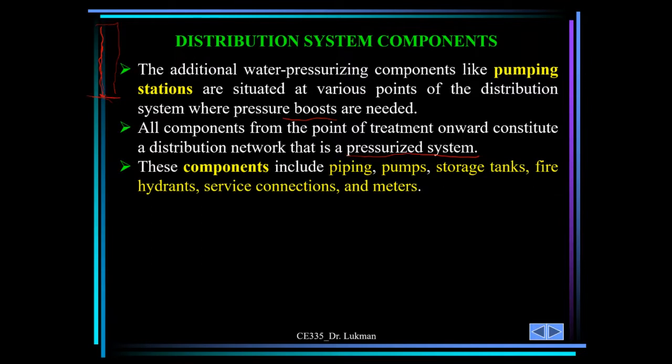Service connections are the small pipes that extract water to the various residential areas, to the various housings and buildings. And meters, water meters, for metering the volume extracted by individuals, so that it can be used to pay for the water cost.